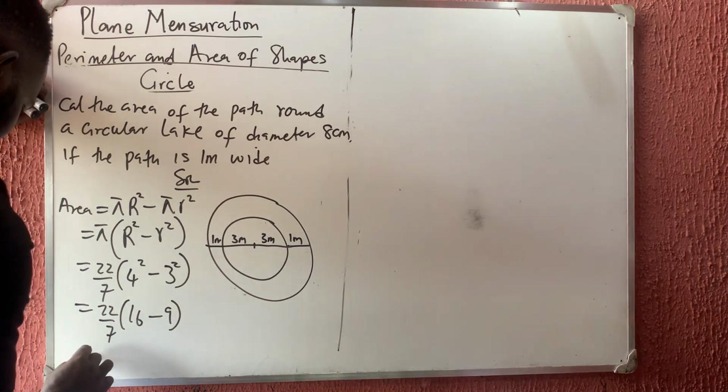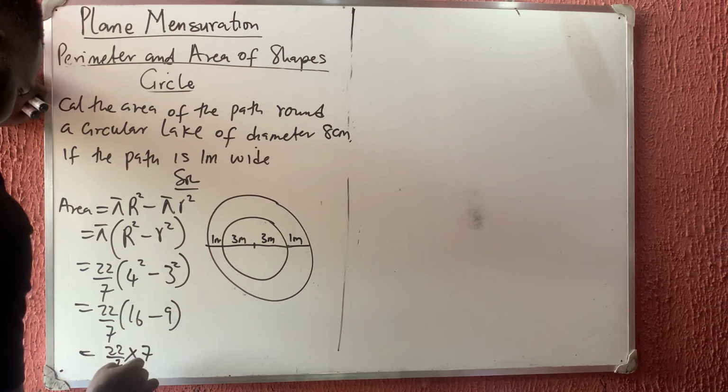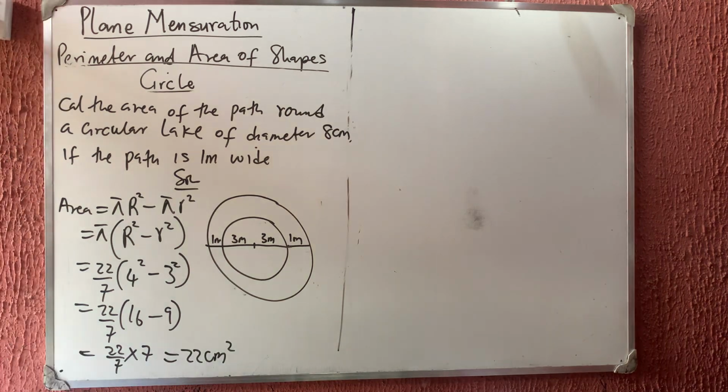So I'm having 22 over 7 times 7, which is 22 cm squared. Okay, it's very, very simple to calculate, right? I hope I did not make any mistake.